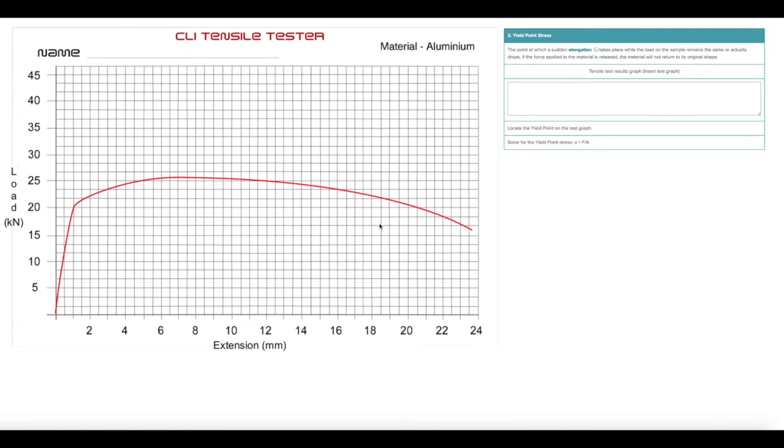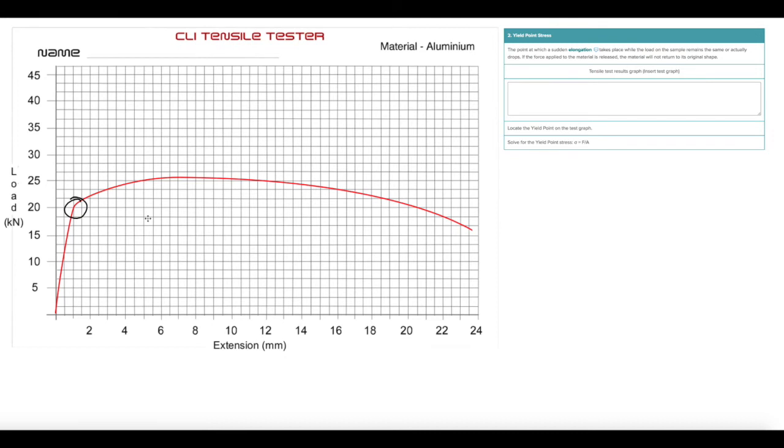So you should have learned in your slideshow that the yield point does not have a very well defined point in most cases. And for the aluminum, it really doesn't have one. So the yield point does come after the elastic limit, but in this case, there is not actually a defined yield point. You can see right here, once again, just like in the last one, we went from the elastic limit almost immediately to deformation.